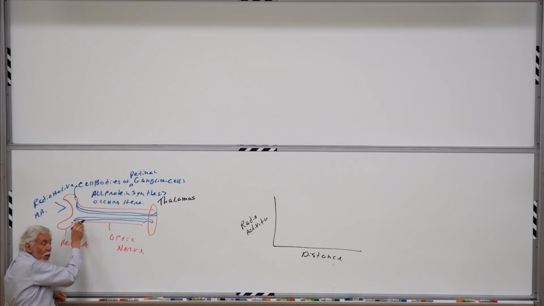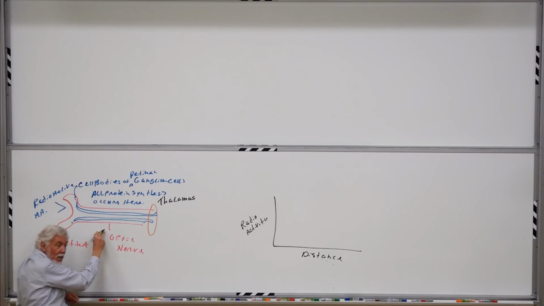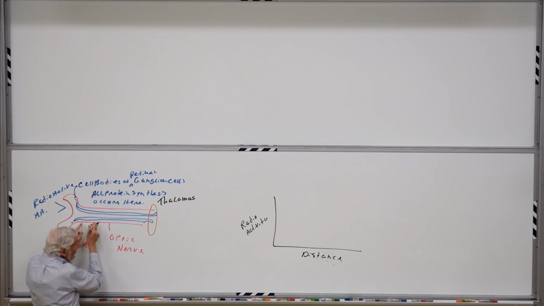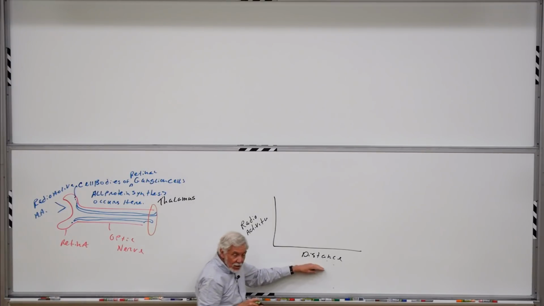And since they knew how long it was from the time they injected the radioactivity to the time they killed the animal, they could then estimate how fast the molecules are moving by noticing the distance that they had moved in a particular period of time.